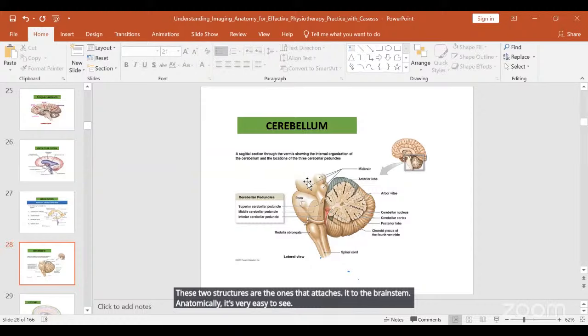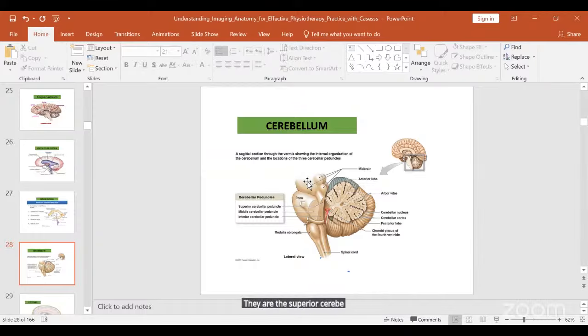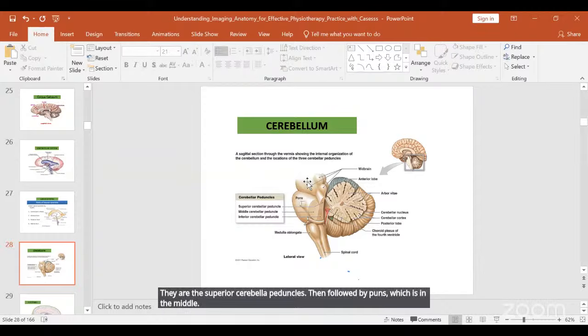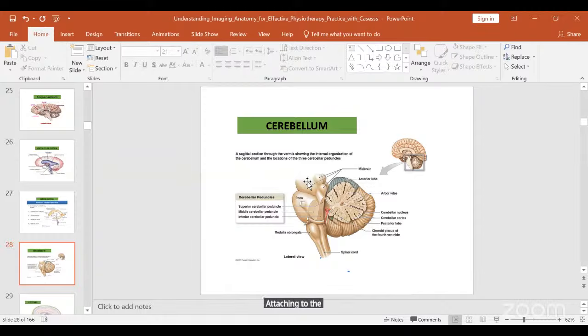The midbrain, being the most superior structure, is attached to the cerebellum via the superior cerebellar peduncles, then followed by the pons, which is in the middle, attaching via the middle cerebellar peduncles, and so also the medulla, via the inferior cerebellar peduncles.